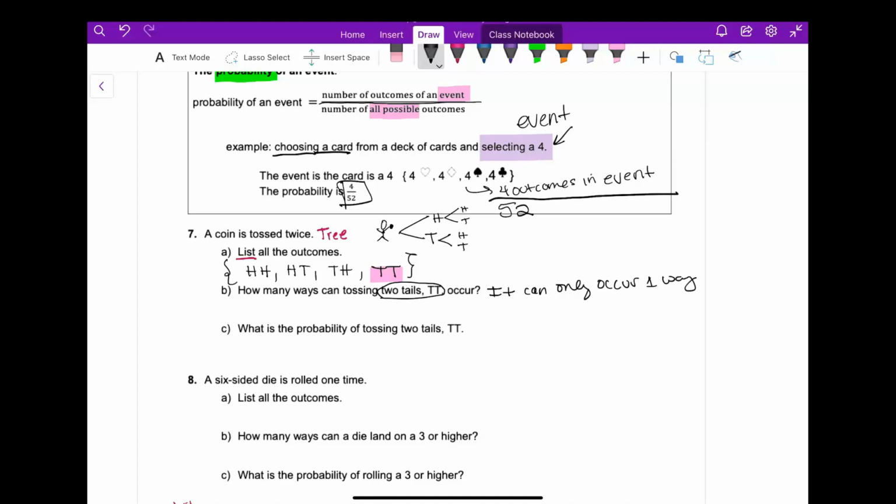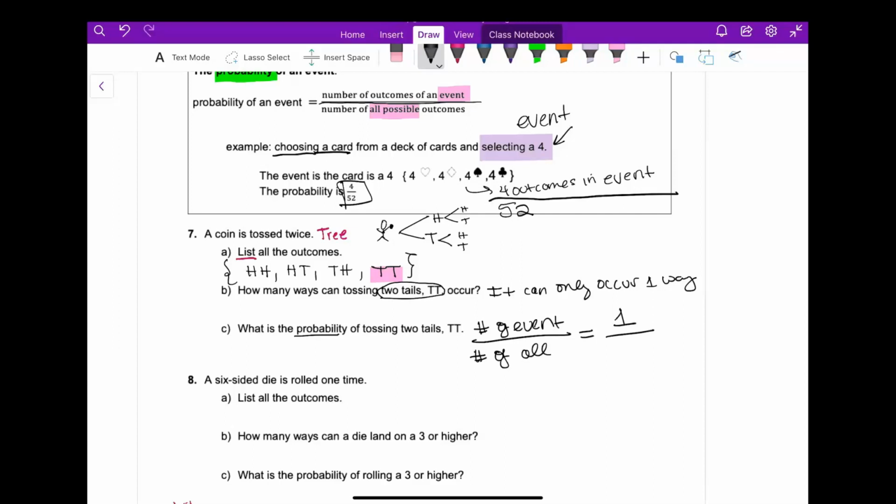Here's the main question. So A and B were baby steps to get you to C. What is the probability of tossing 2 tails, which is TT? So what are we going to put? The event divided by number of all possible outcomes. Okay, so in B, we listed the event, which was one way, and number of all possible outcomes.